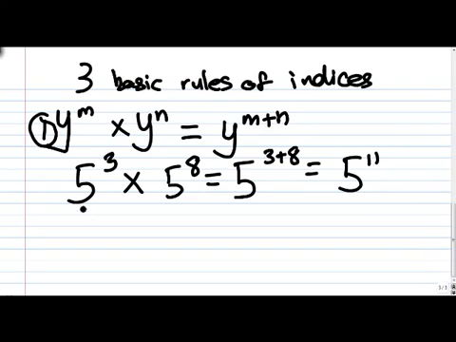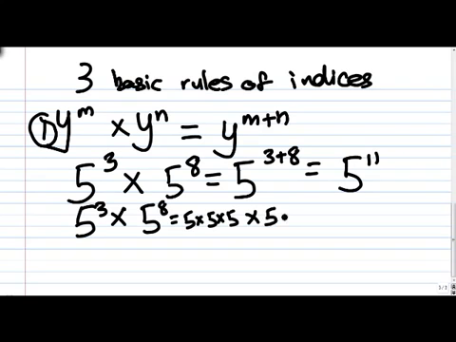Now, if you think about it, 5 to the power 3 times 5 to the power 8 is actually equal to 5 times 5 times 5, 3 times, and then times 5 times 5 times 5 times 5 times 5 times 5 times 5.